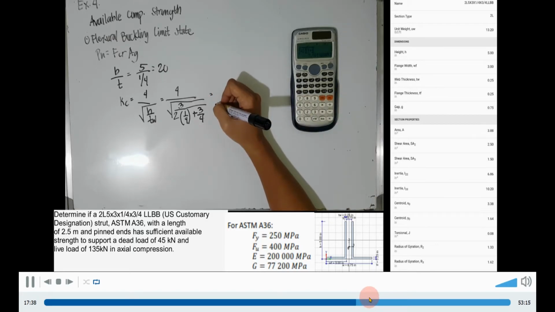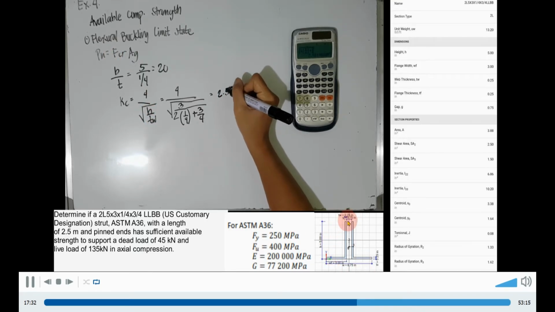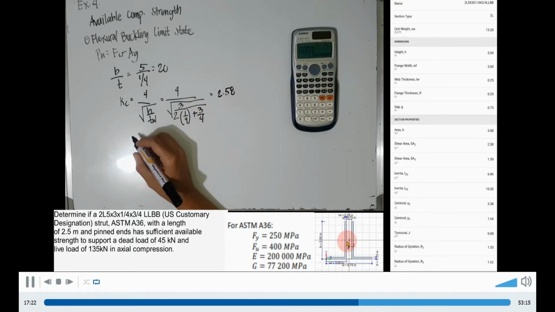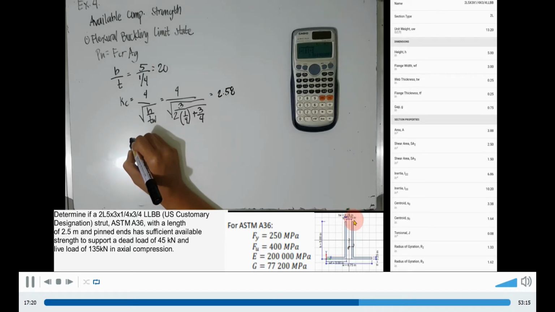So our KC is equal to, by the way, yung thickness is this one, 1/4, twice the 1/4 plus the gap with 3/4 inches thick.